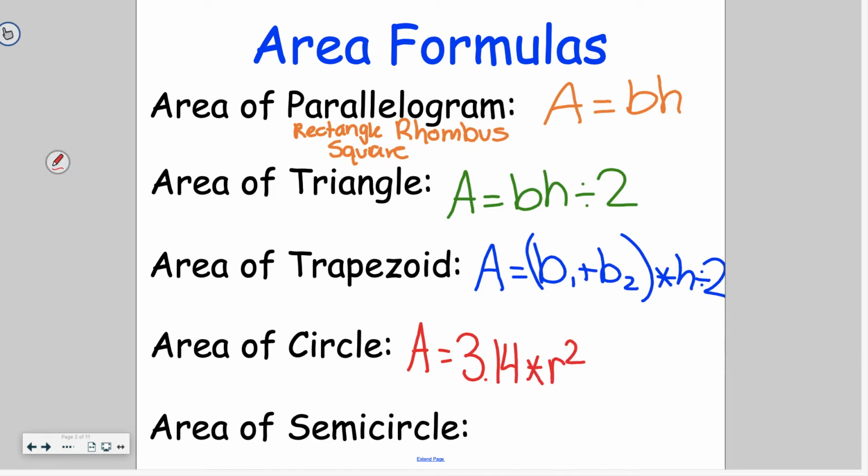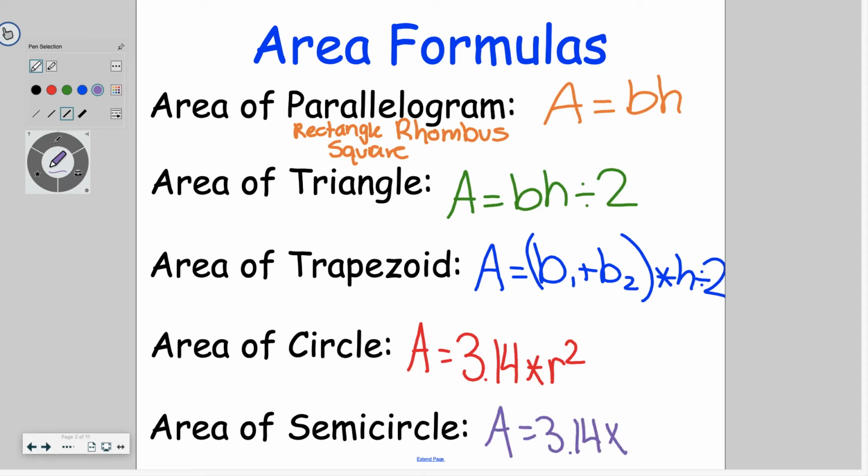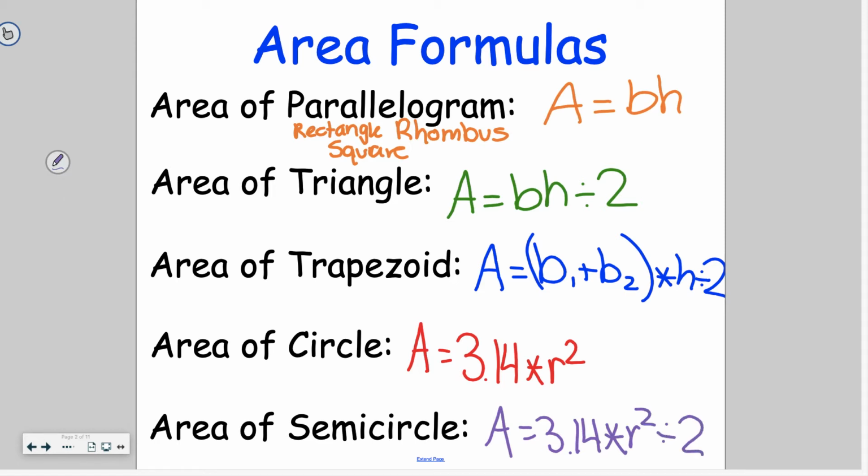Remember, radius being halfway across the circle. And then our formula for a semicircle was area is equal to 3.14 times the radius squared divided by 2. Remember, that's because we were only looking at half of the circle, which is why we are dividing it by 2. So now we're going to get into examples of how to use these formulas in composite figures.